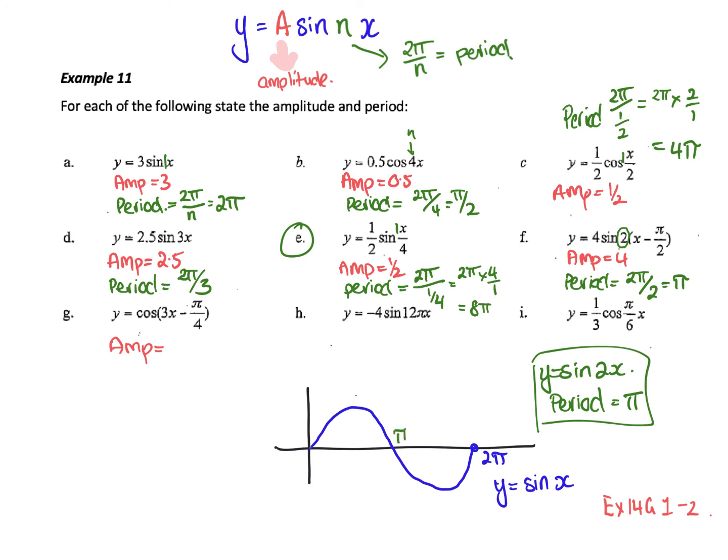So it goes up and down in pi. See how it squashes in? It becomes narrower. So a period is how long it takes to do one of its patterns, one up and one down. A sine graph is that one, and for a cos graph it'll look like that. Sorry, that was pretty bad. Okay, that was cos.